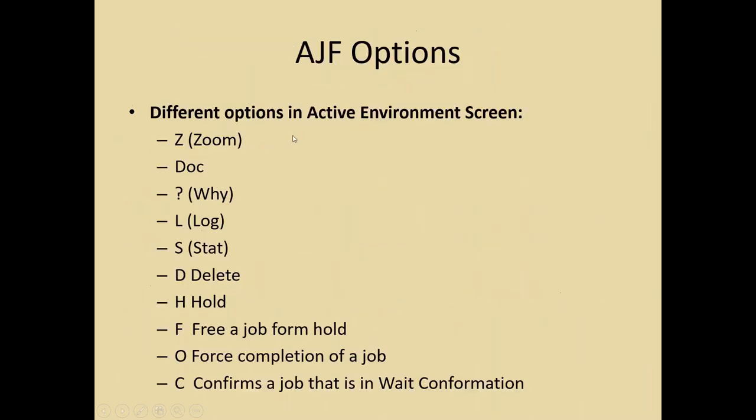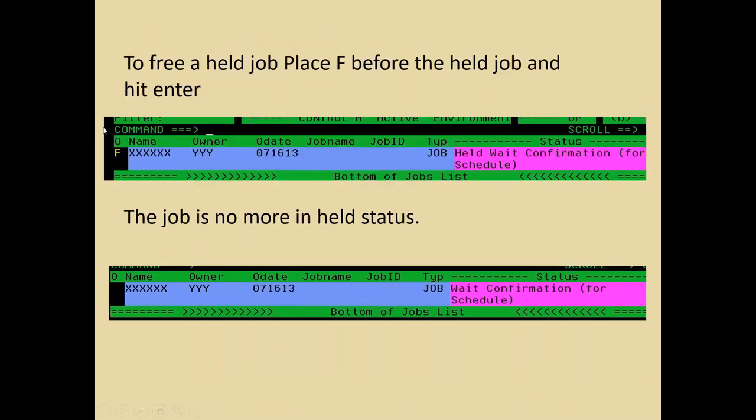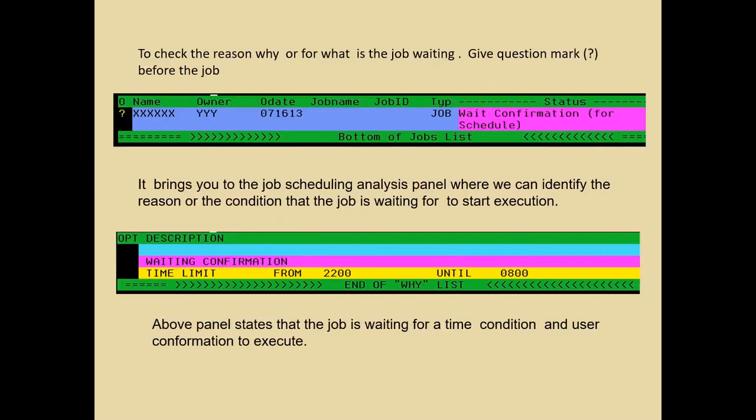Then I will come back again to the held wait schedule status. Then again I will give F. If you give F, then that job will be freed and there are no conditions the job is waiting for. The job will start executing at that time. The above panel states that the job is waiting for time condition and the user confirmation to execute.